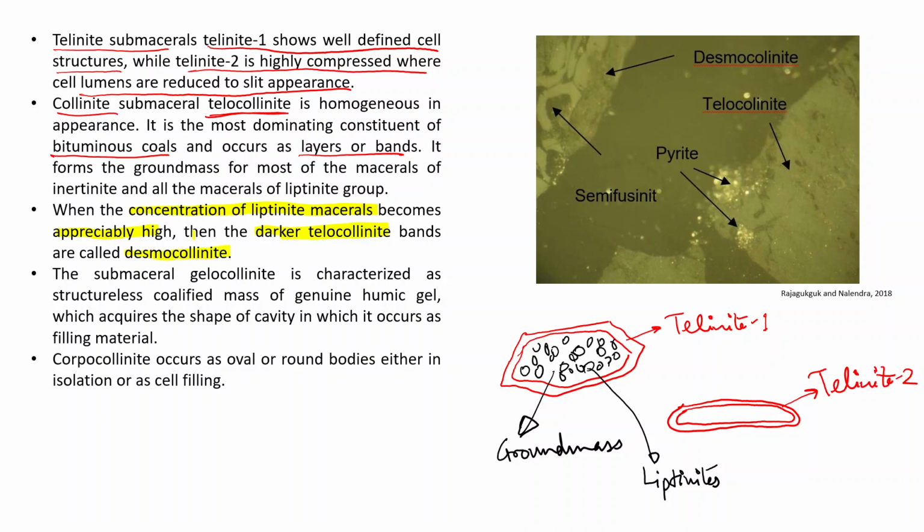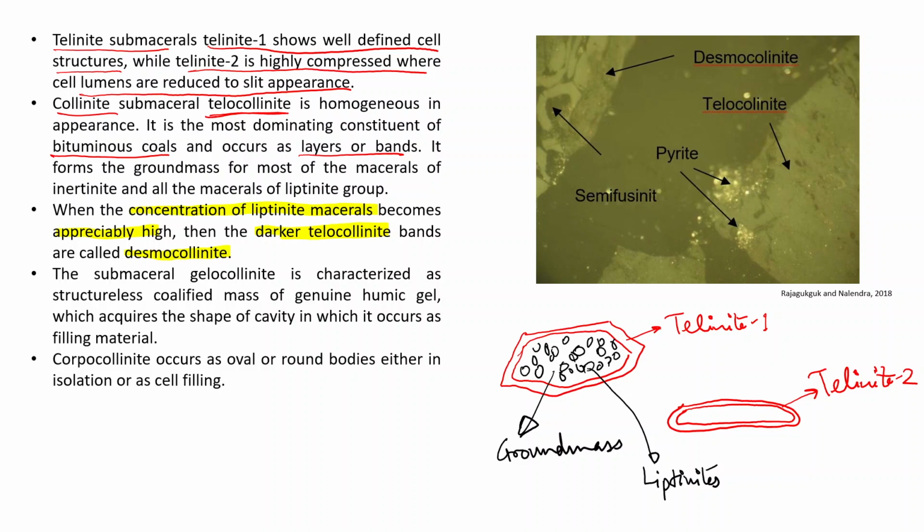So you have to understand that telocolinite is a homogeneous band-like layer and it is a submaceral of colinite. It is homogeneous and does not have any structure, meaning it becomes the ground mass, and you can identify it by the various liptinite group of macerals floating in that ground mass.